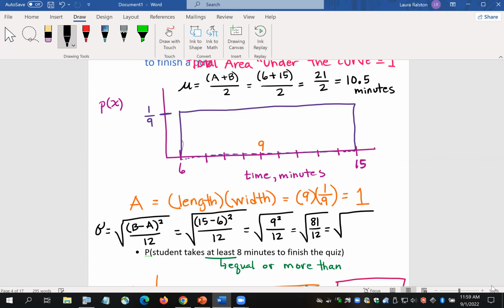Okay, so I'm going to get the decimal first. 81 divided by 12 is 6.75. And the square root of 6.75 is 2.59807.